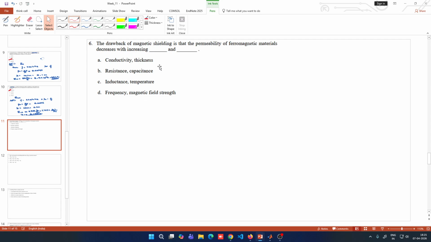The first is frequency: when the frequency increases, the permeability of ferromagnetic materials decreases. The second is that as the magnetic field strength increases, again the permeability of this ferromagnetic material decreases. So the correct option is frequency and magnetic field strength, option D.